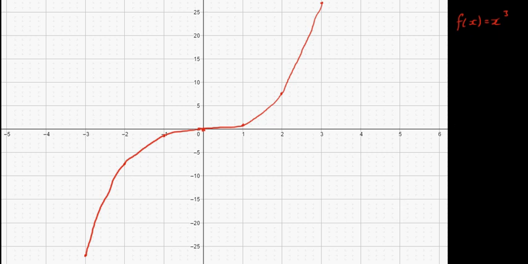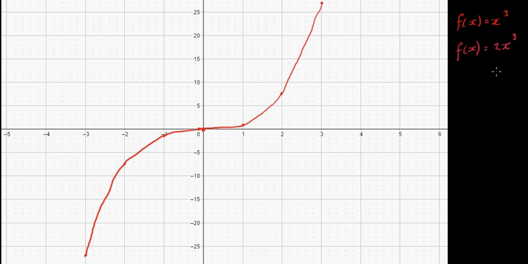Now what happens then if we change that slightly? So let's say we take our f of x and we put a number in here instead of 1. Let's say put in 2. So let's say we use a 2 here instead of a 1.